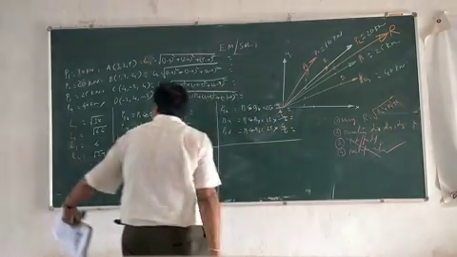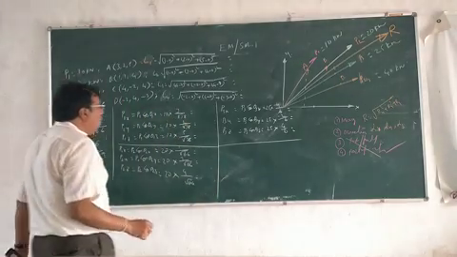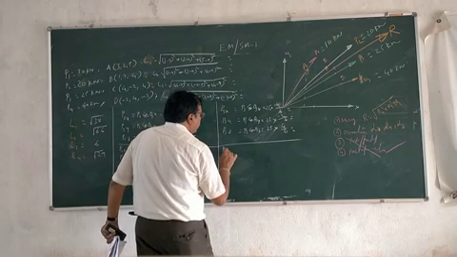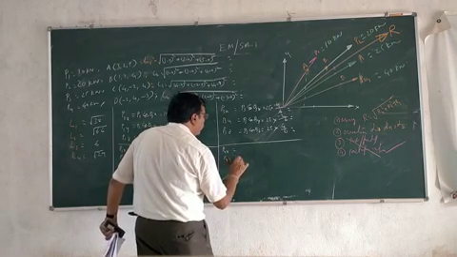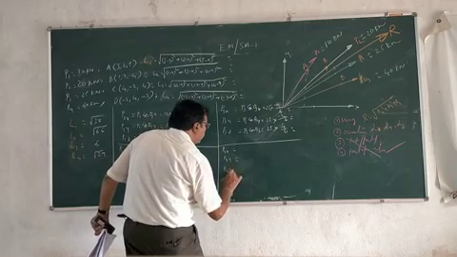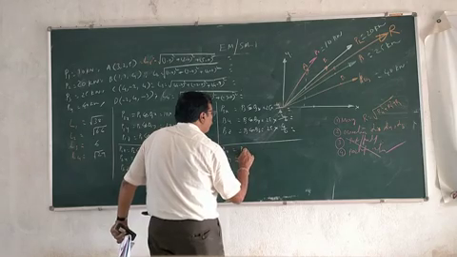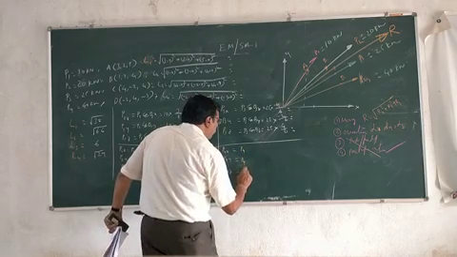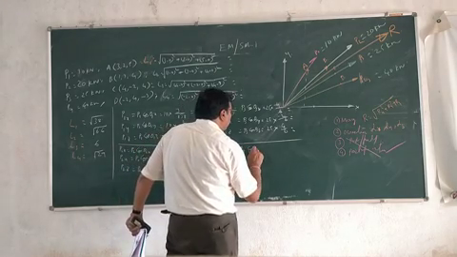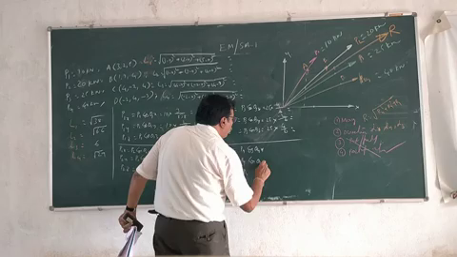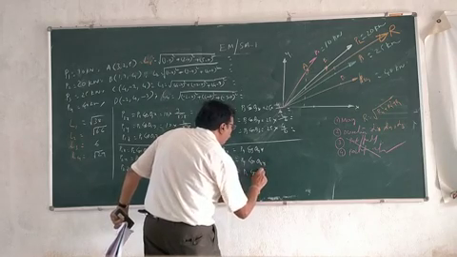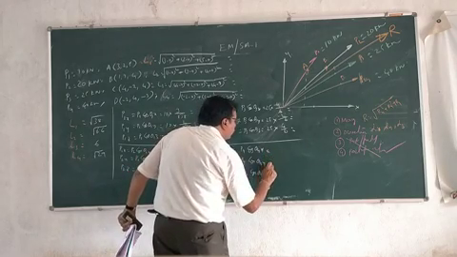Next, all three components of P4: P4x, P4y, P4z, that is P4 cos theta 4x, cos theta 4y, cos theta 4z.